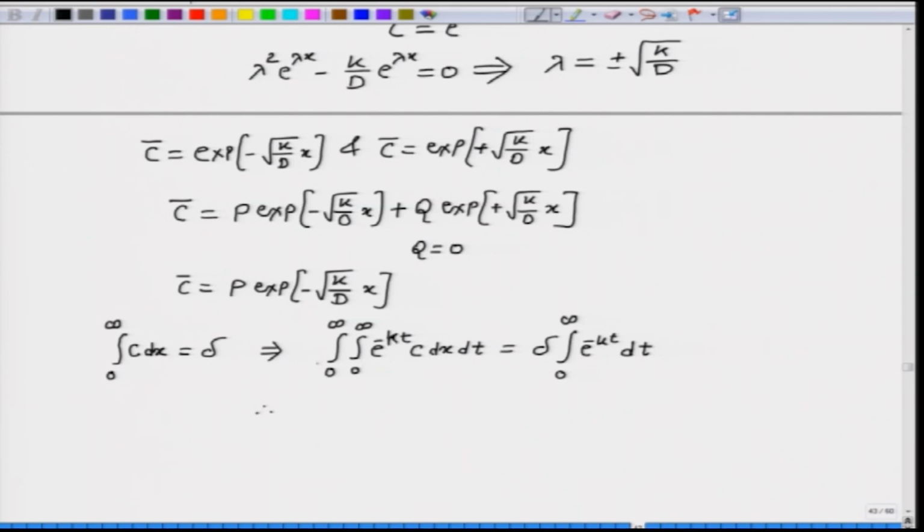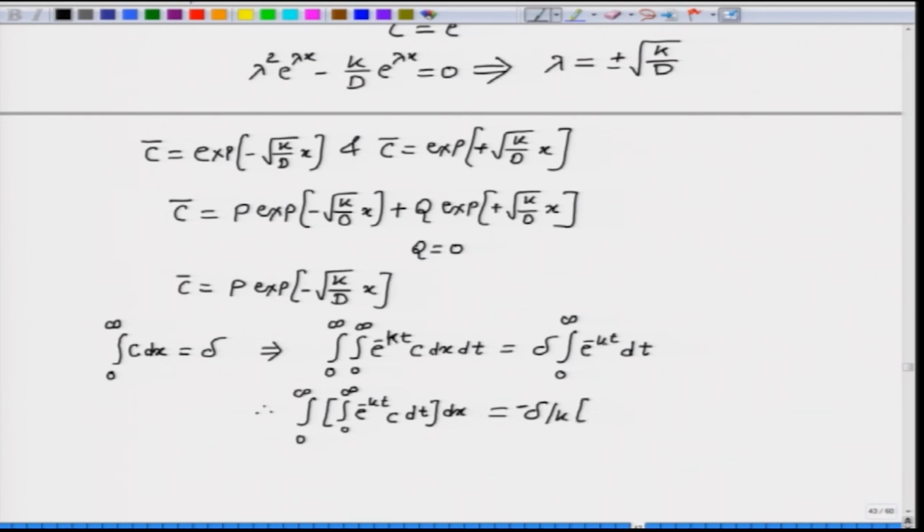And if we change the order of integration on the left hand side, we have integral 0 to infinity integral 0 to infinity e to the power minus kt times c dt dx is equal to integral of e to the power minus kt, which is minus 1 by k e to the power minus kt. So, minus delta by k.